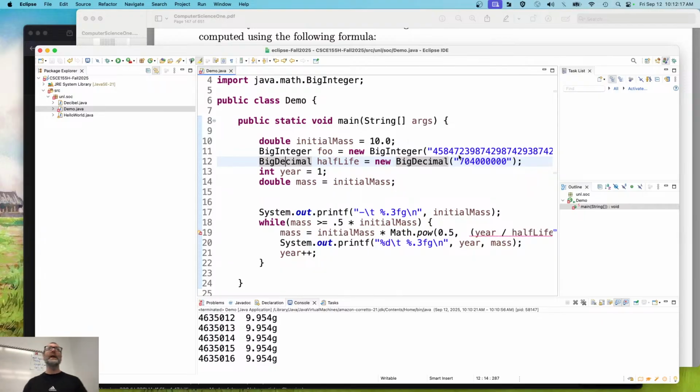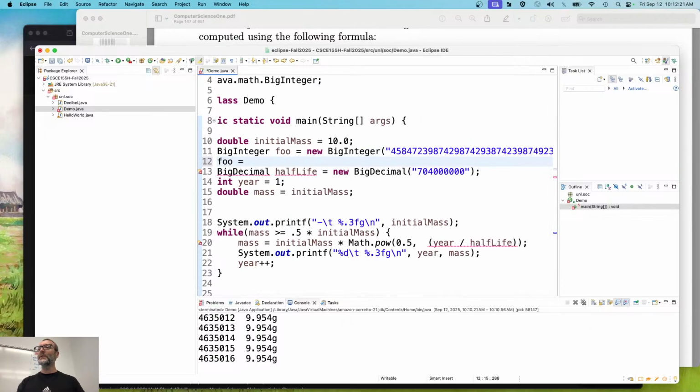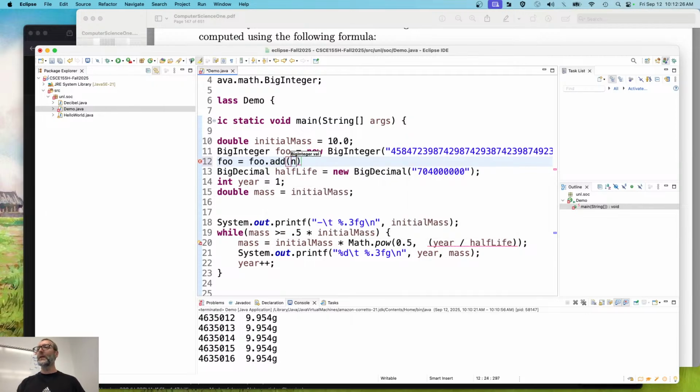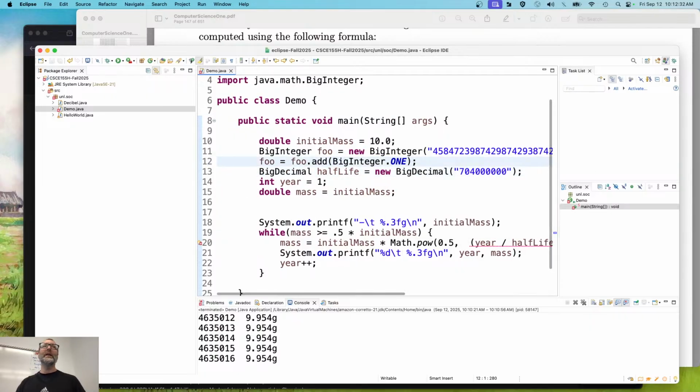First of all, you can't just say +1 or something like that. Instead, you'd have to say foo is equal to foo.add another BigInteger here, BigInteger.ONE. That one's so common that they actually just made it into a static variable there. So if you wanted to add 1 to whatever this number is, you could do it, but you have to call a function to do it. That means that it's going to create a new class or an instance, and it's all done in software.